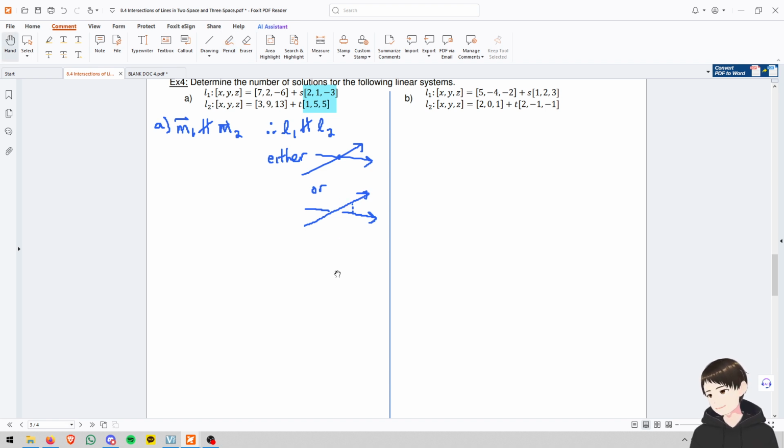So let's investigate. Does x ever equal the same number on line 1 and line 2? And if it does, do the parameters s and t also make the y's equal and the z's equal?